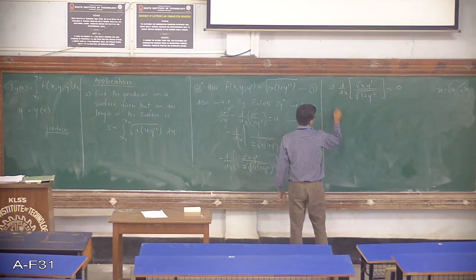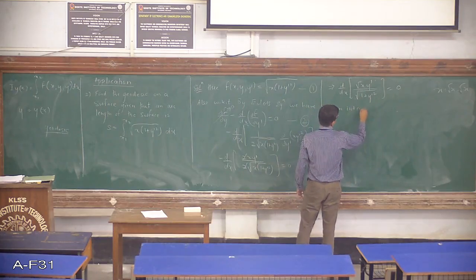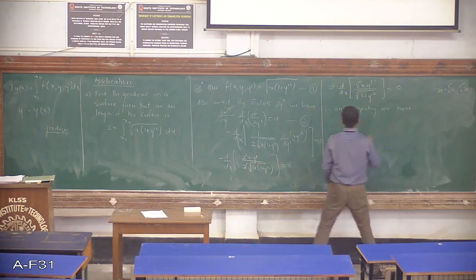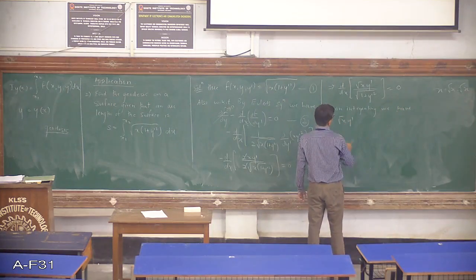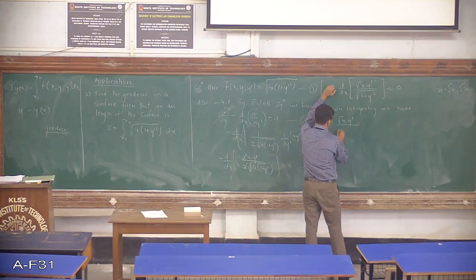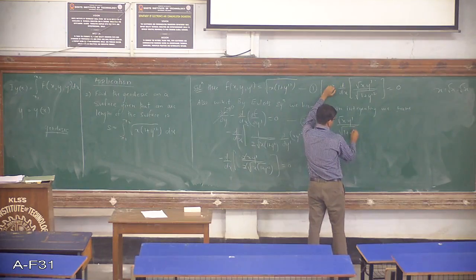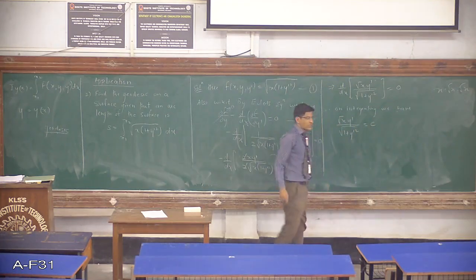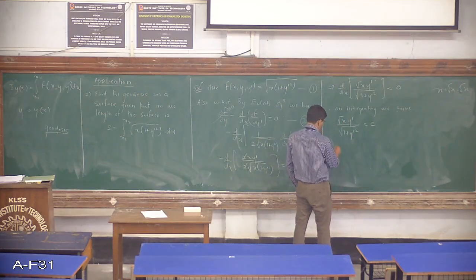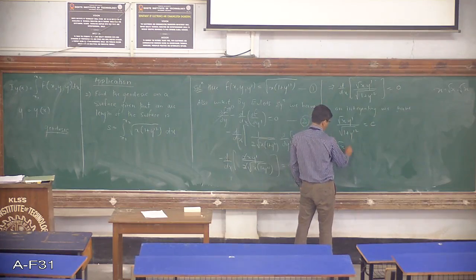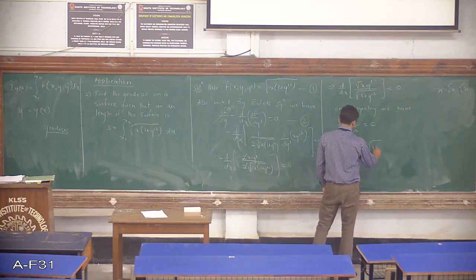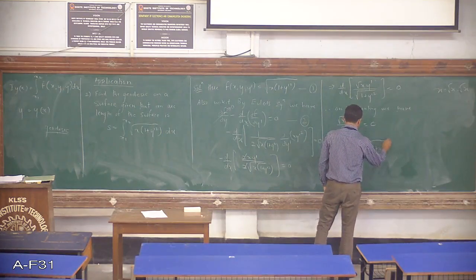Therefore, on integrating, we have root x y prime divided by the square root of 1 plus y prime square is equal to c. Taking this to the other side, root x y prime is equal to c times the square root of 1 plus y prime square.